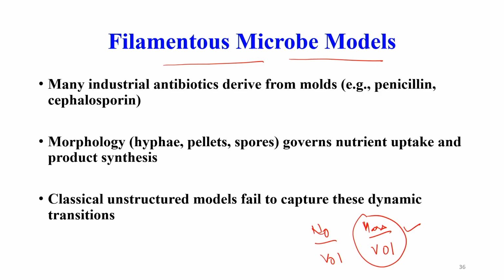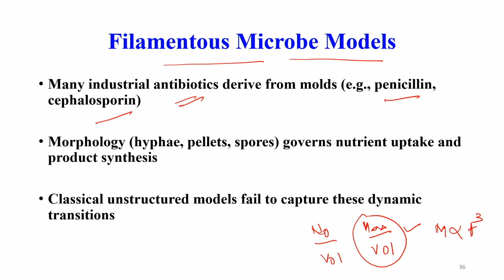Further, what was discussed is that the mass is proportional to t to the power q. But these fungi or molds are very important to produce key industrial products like antibiotics, for example penicillin and cephalosporin.